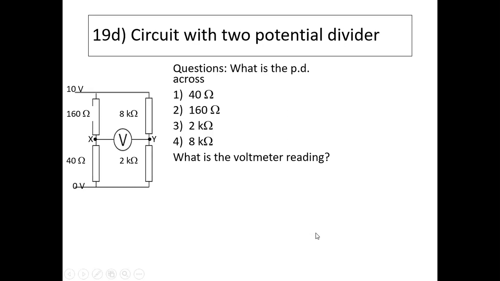Okay, let's see whether you know how to apply a ratio. What's the PD across the 40 ohm? That's your 10 volt, 40 ohm, 160 ohm, 2 kilo ohm, 8 kilo ohm. That's your voltmeter. So what is your PD across your 40 ohm? You can work mentally. It doesn't take a long time.